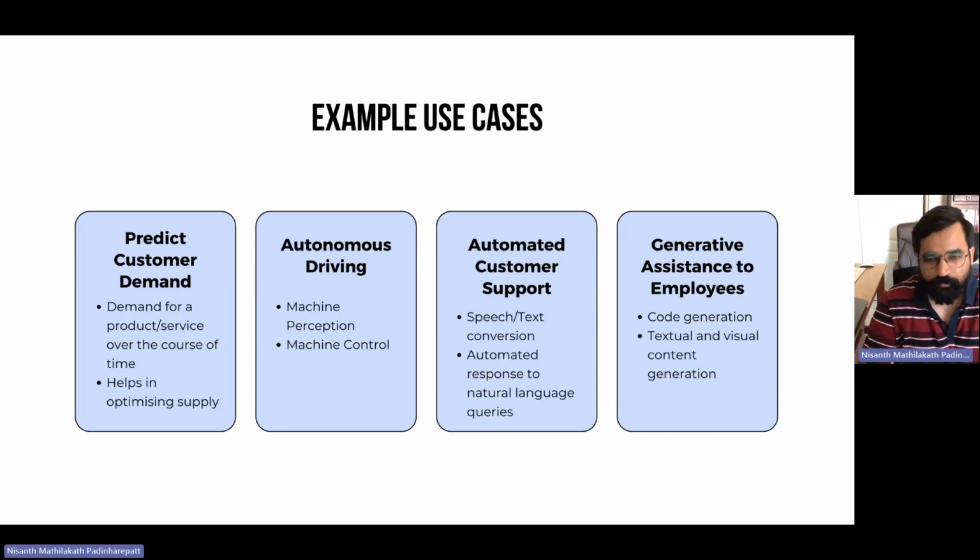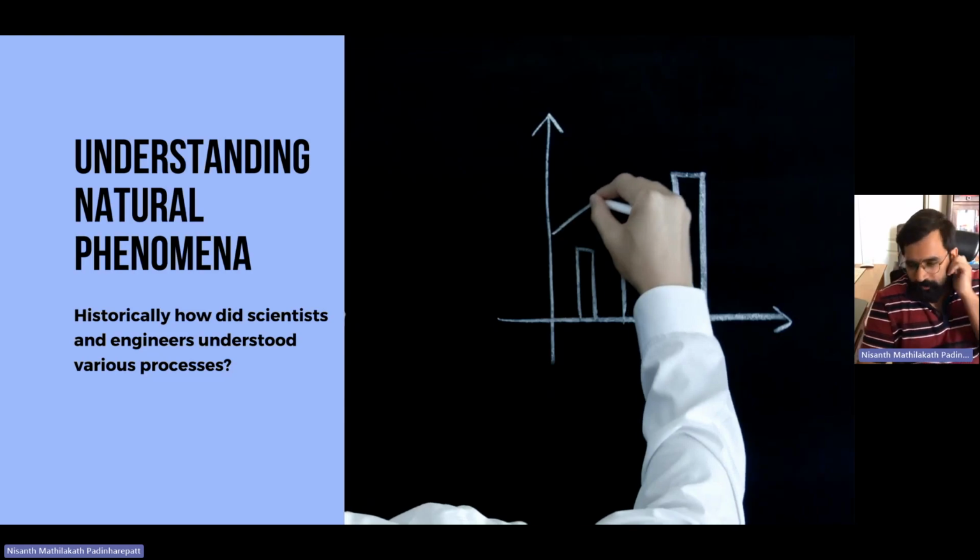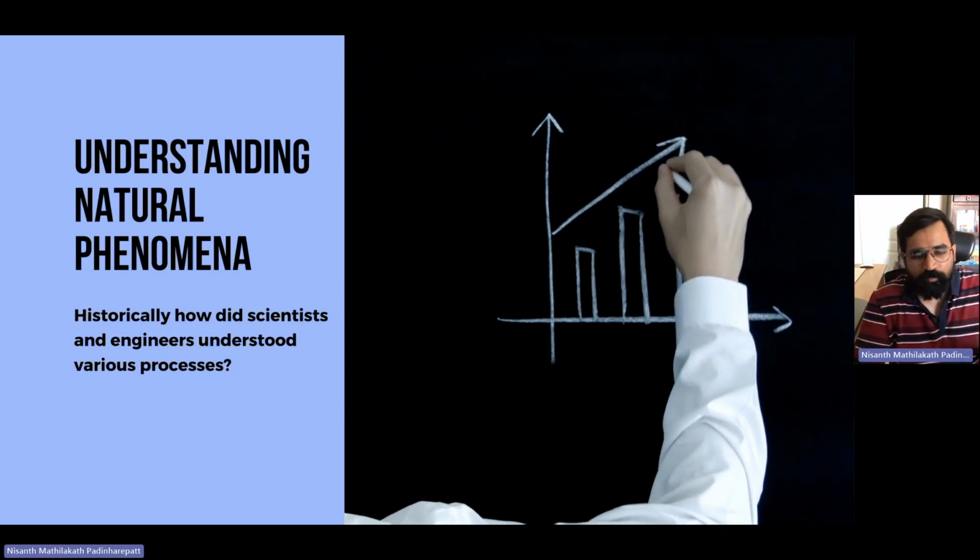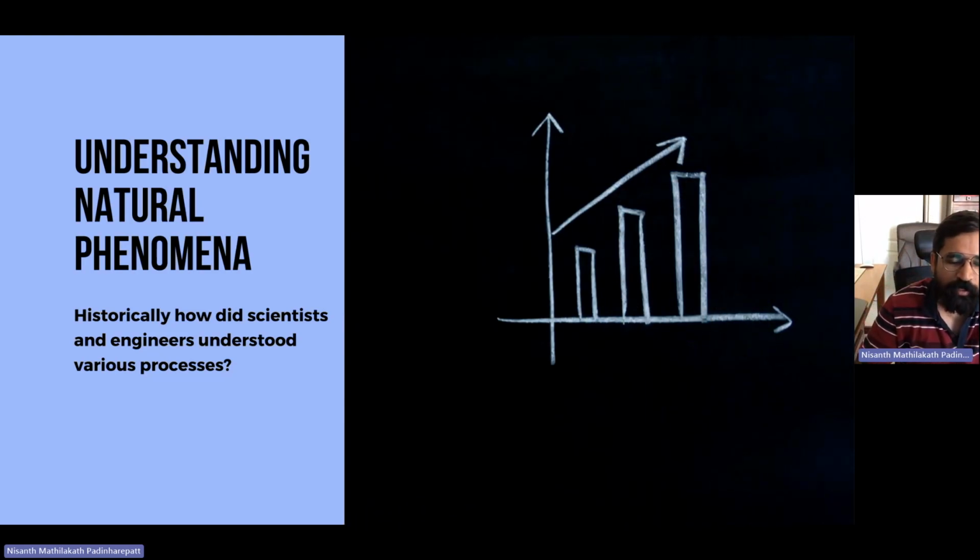Now let's come back to how machine learning or artificial intelligence can be compared against traditional science or engineering. There's a stigma that AI is very different from what has been happening in science and engineering so far, that it is an entirely new technology.